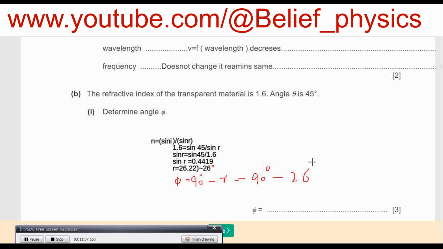When we solve it, it comes out to be 64 degrees. So phi is 64 degrees. So using Snell's law, we can find the angle of refraction, and then using this relation from the figure, we can find phi. That's it.